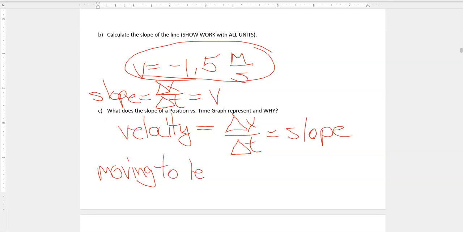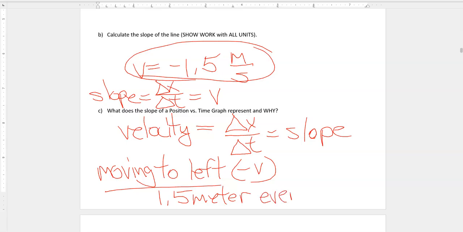That's what negative velocity means, moving to the left, negative velocity, right? And it's moving to the left at a rate of 1.5 meters every second. That's what meters per second means. So this is how we interpret that information.